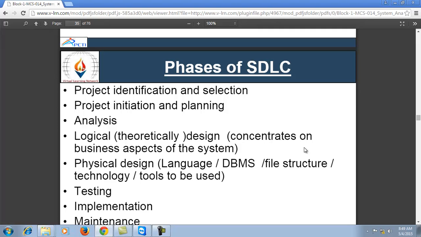Next is social. The social aspect of the feasibility report verifies that the proposed software system should not have any negative impact on society.